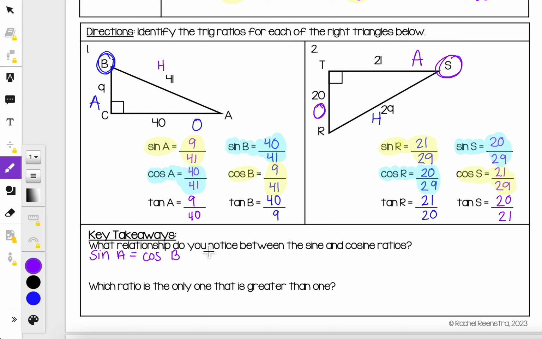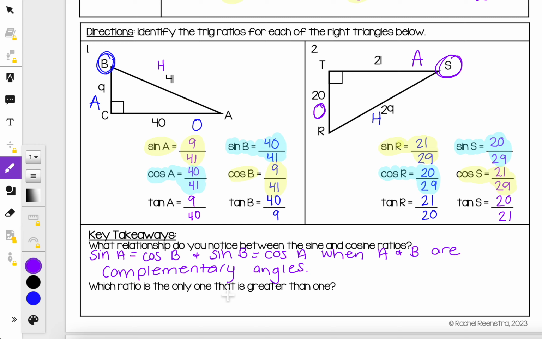All right. And the sine of B equals the cosine of A when A and B are complementary angles.